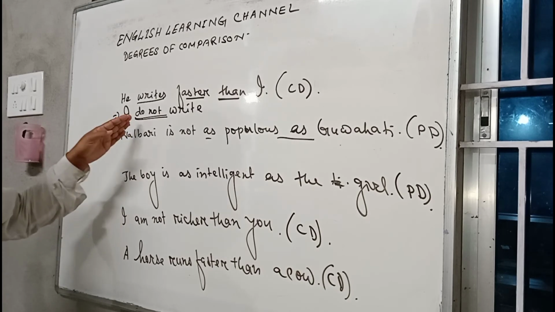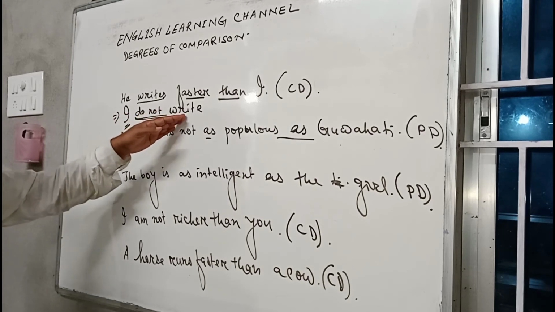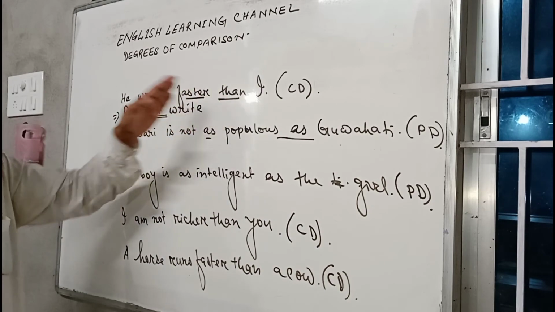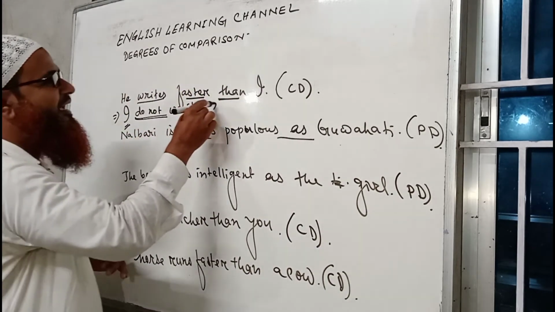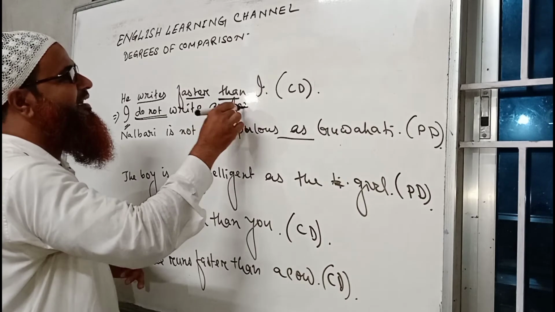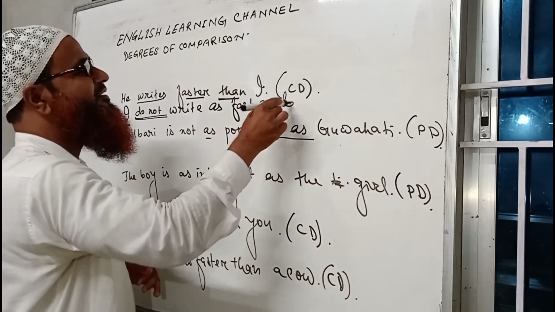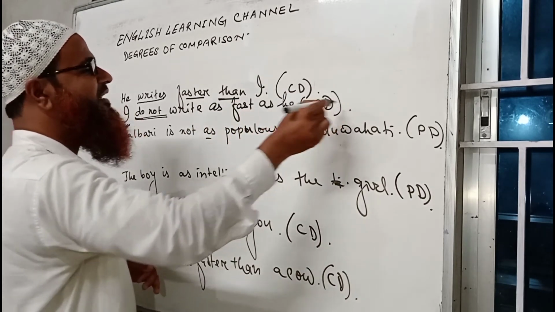So that is why I have written here do. I do not write so fast as he, or as fast as he. As fast as he. So this is positive degree.